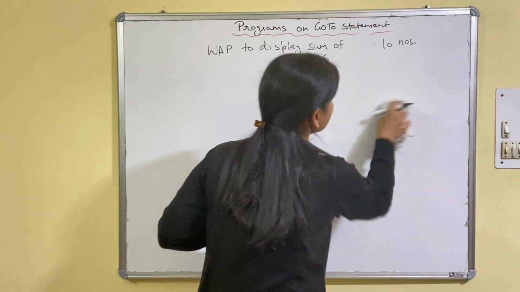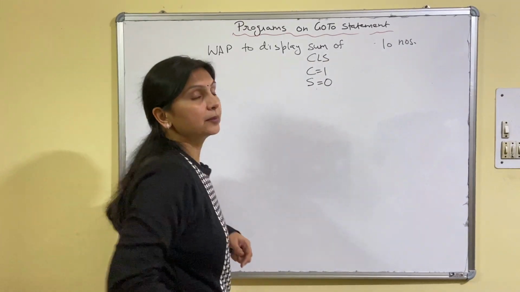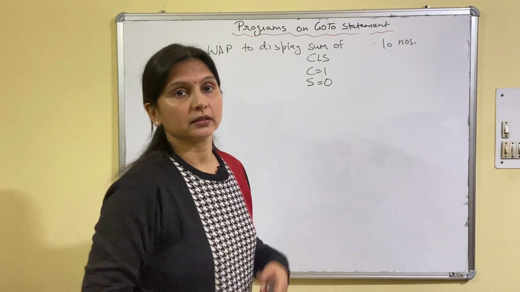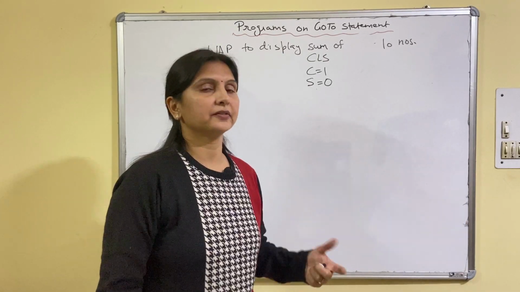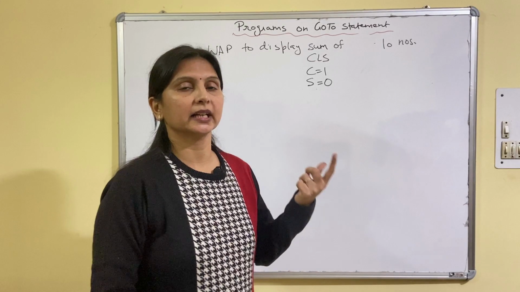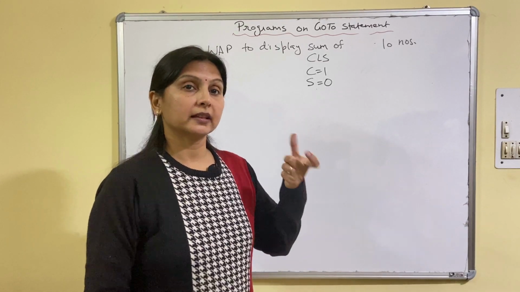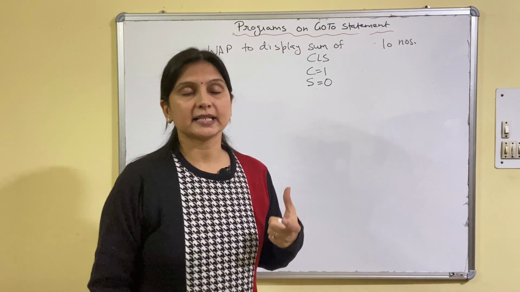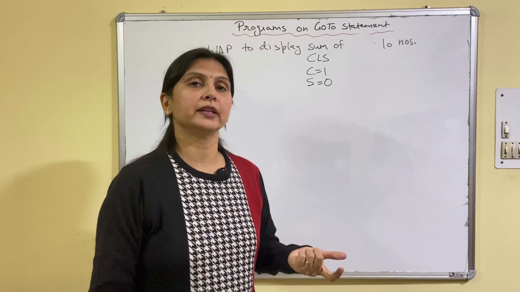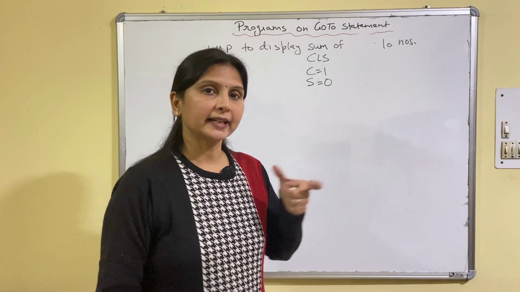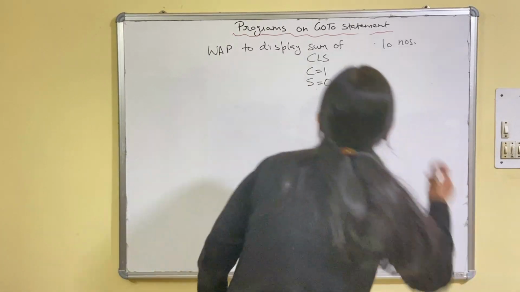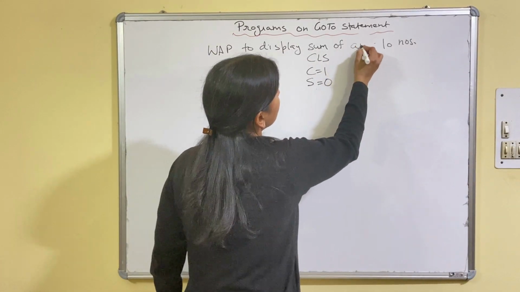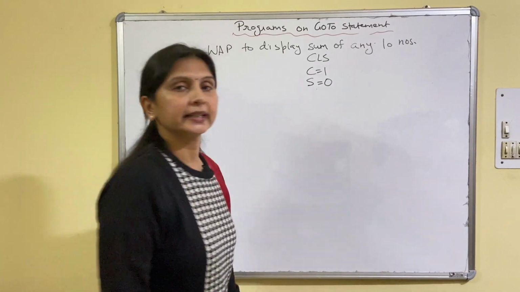Any 10 means it should ask at the time of execution, enter the number. So if I give any number, like first I give 10, again 20, again 30, at the time of execution it will ask for the numbers, and whatever numbers we assign, it will add those numbers. So how will we do that? So let's see. Now this is the program, sum of any 10 numbers.